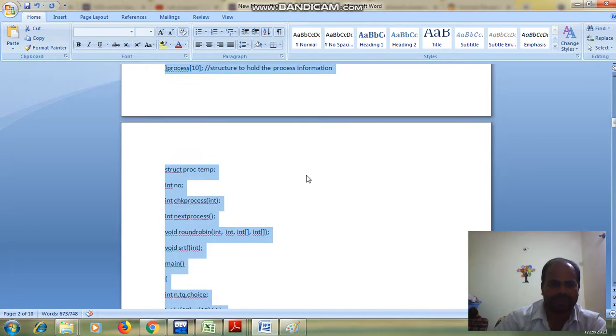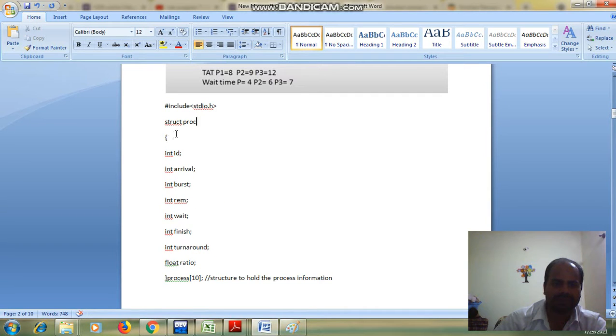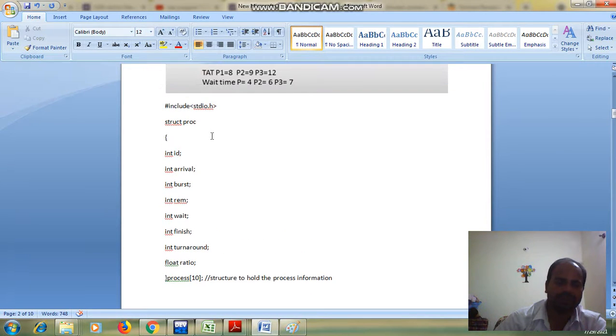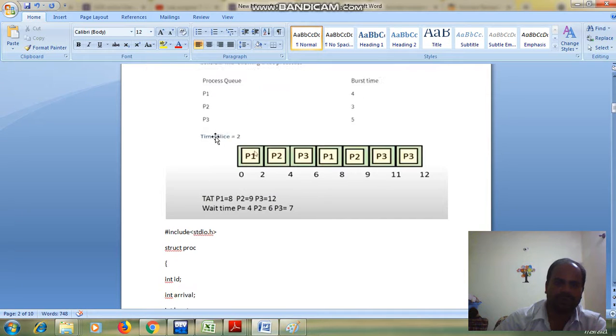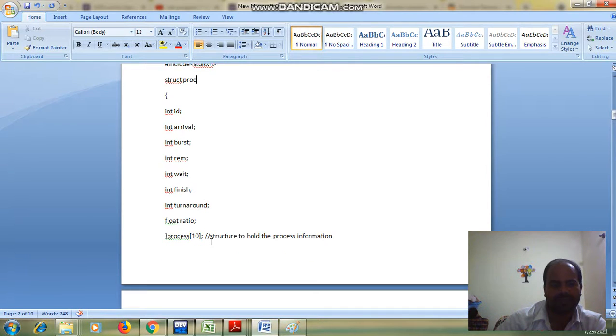We'll start with #include <stdio.h>. Then we'll define one structure called proc, which will represent the process, because here we need different processes. So struct proc: a process has different features: ID, arrival time, burst time, remaining time, waiting time, finishing time, turnaround time, and a float ratio.